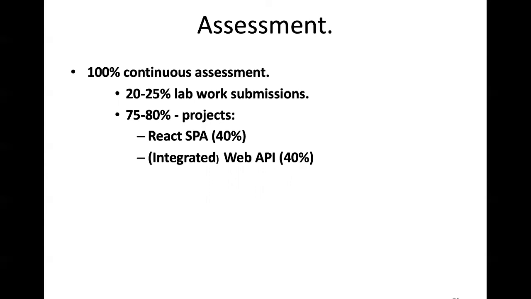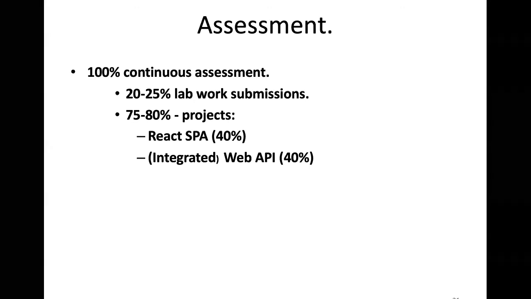Then in terms of the remaining 75 to 80%, that'll be made up of two projects. One where you will develop a client side, and the other where you will develop a web API side. Now, on the client side, we will be asking you to take the movies app and extend it predominantly.